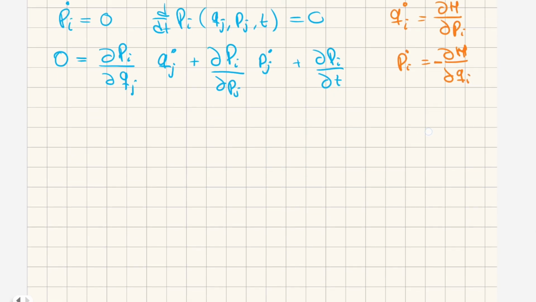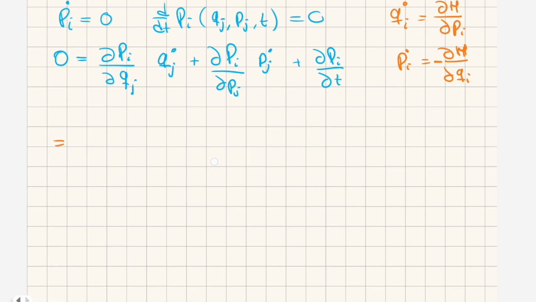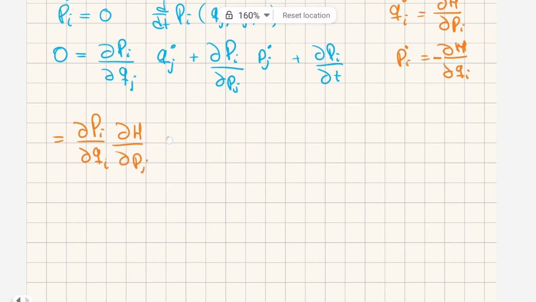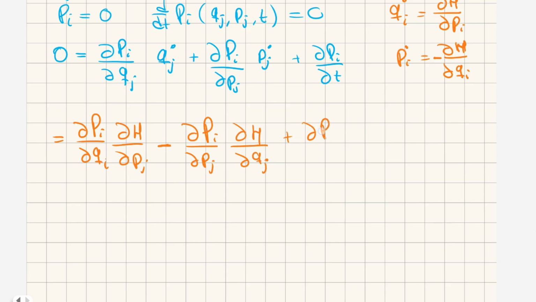Okay, so if we do this, we are going to get the partial of Pi with respect to qj times the partial of H with respect to little pj, plus the partial of capital Pi with respect to pj, and then this will be a minus, right? The partial of H with respect to qj, plus the partial of Pi with respect to time.